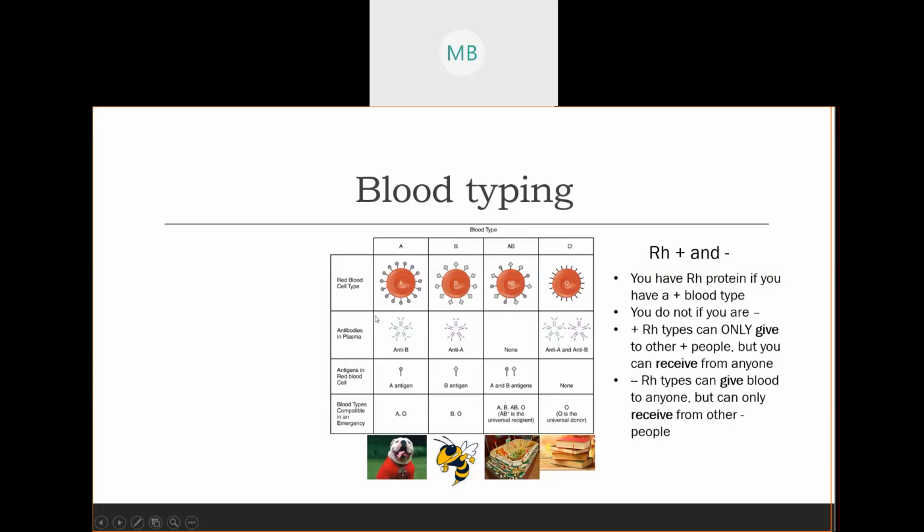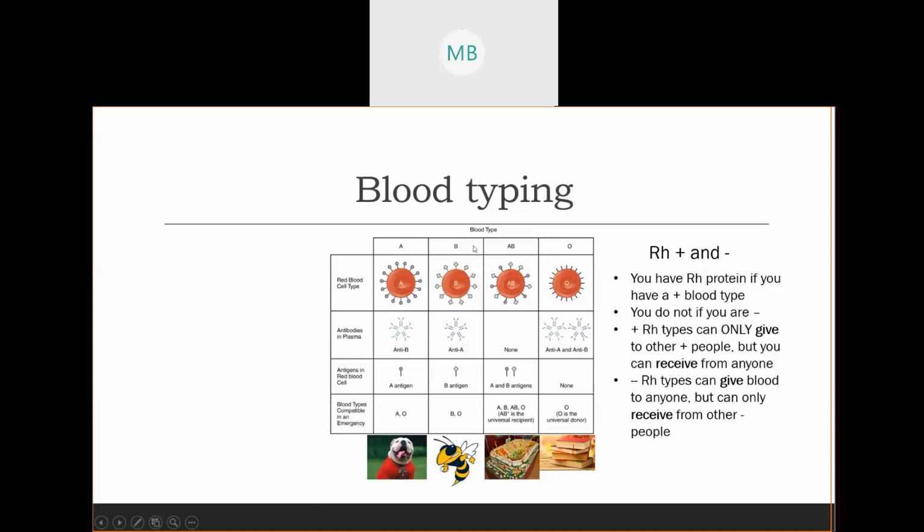The first shape of a protein they discovered, they just called the A protein. It's A, right? So A blood type people have an A antigen, or an A-shaped name tag, on the outside of their red blood cells.